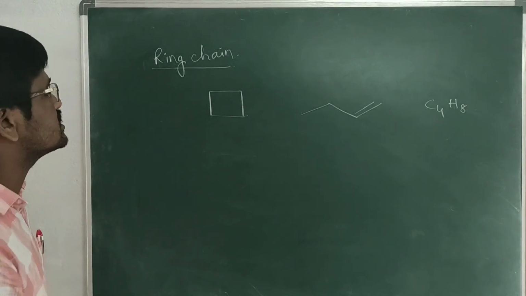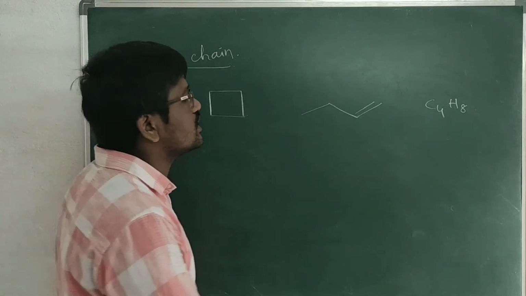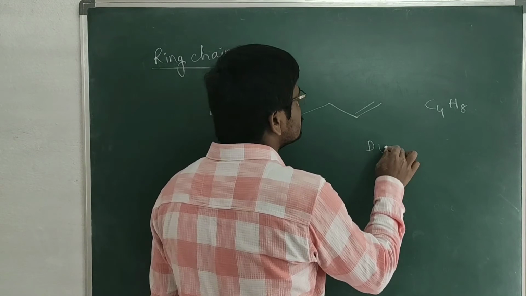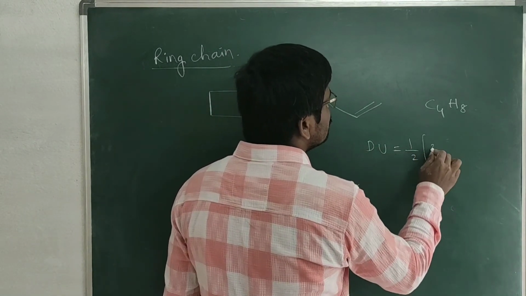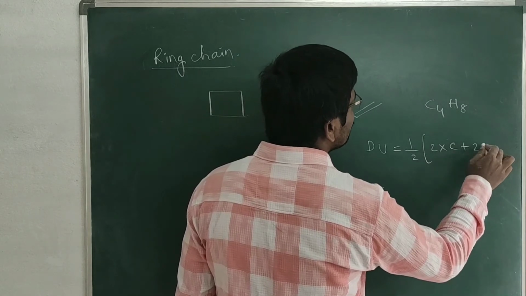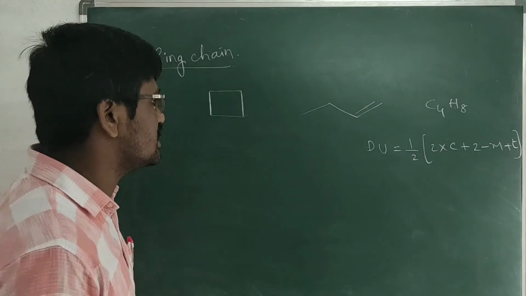Here for C4H8, degree of unsaturation equals half into 2C plus 2 minus M plus T. This is the formula to calculate the degree of unsaturation.